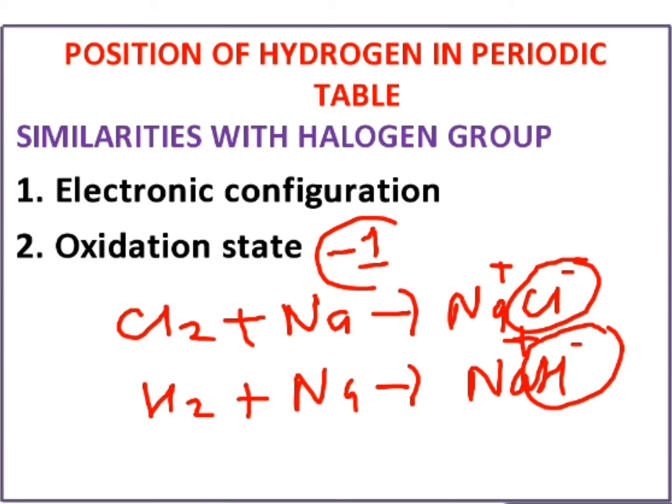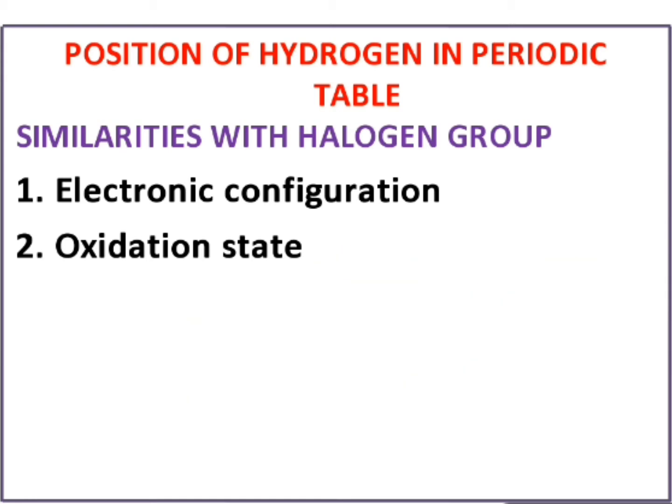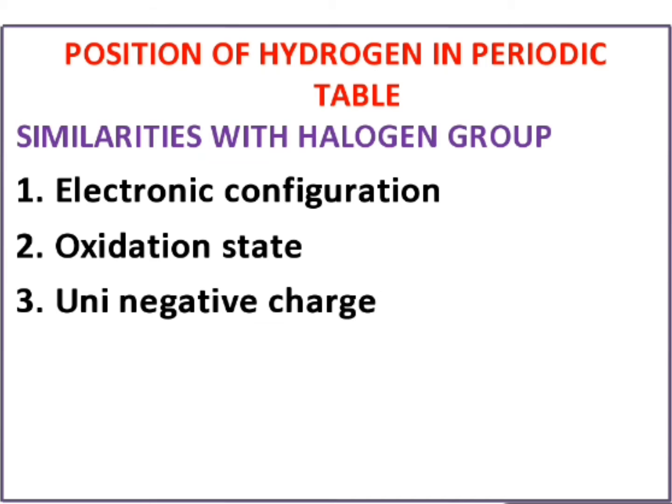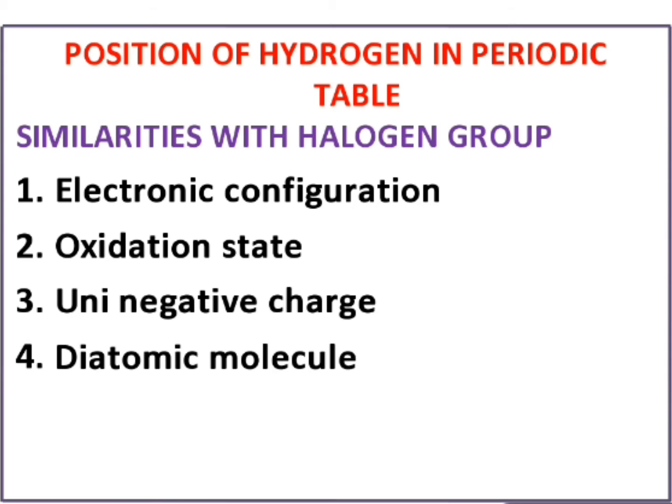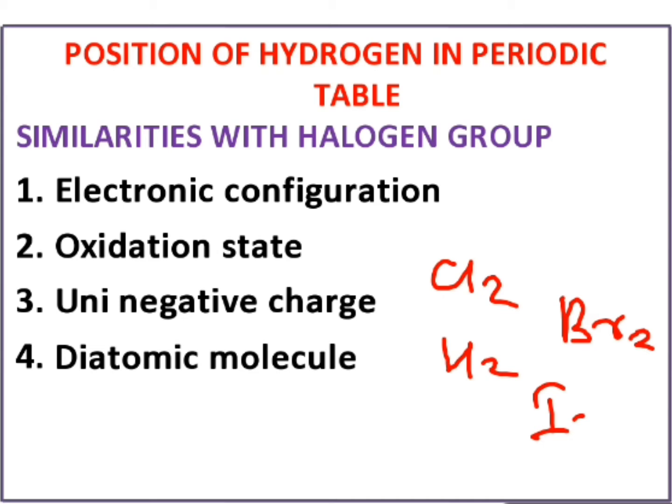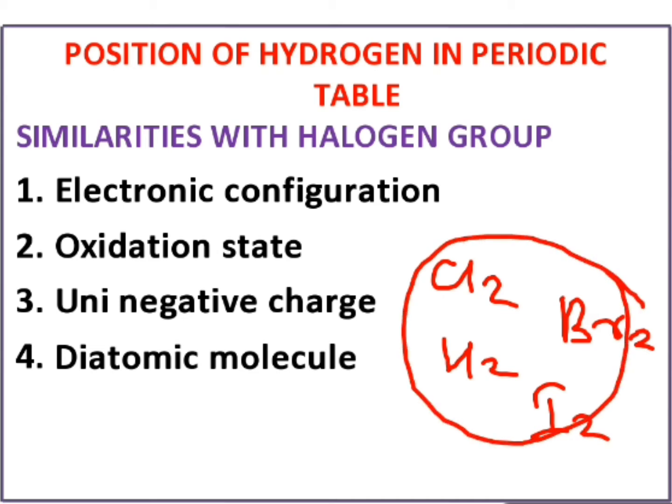This is the similarity. Next, diatomic molecules. The formula of chlorine is Cl2, of hydrogen is H2, of bromine is Br2, of iodine is I2. So halogens and hydrogen are all diatomic molecules.